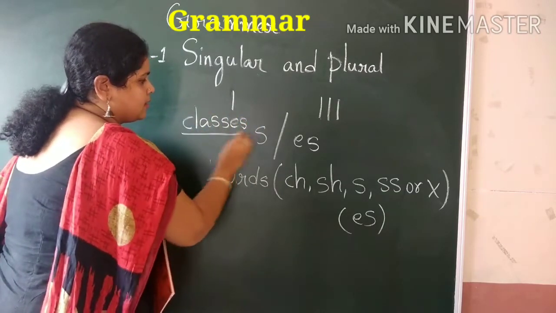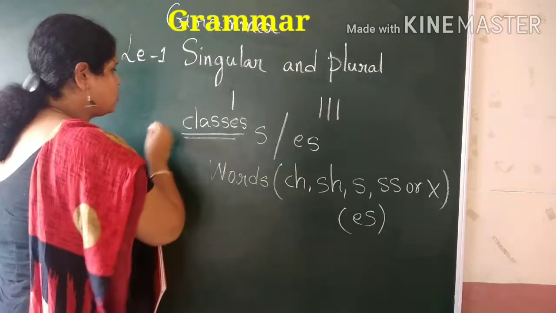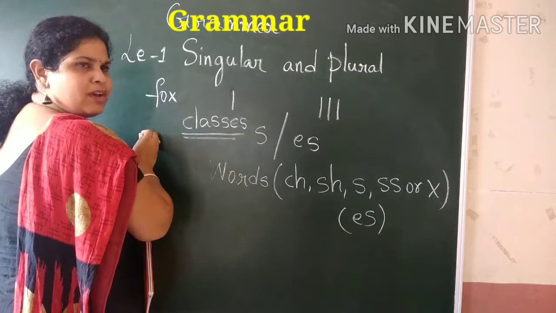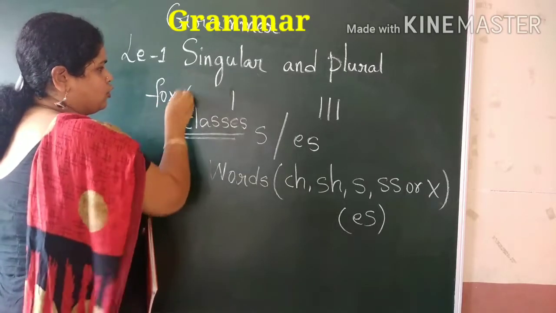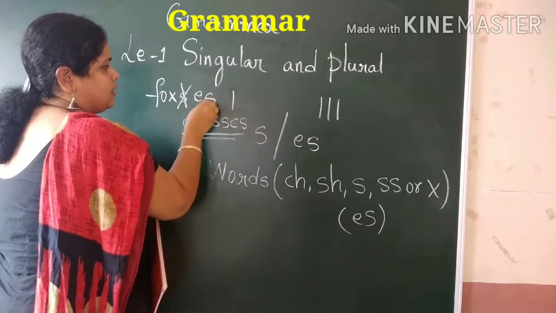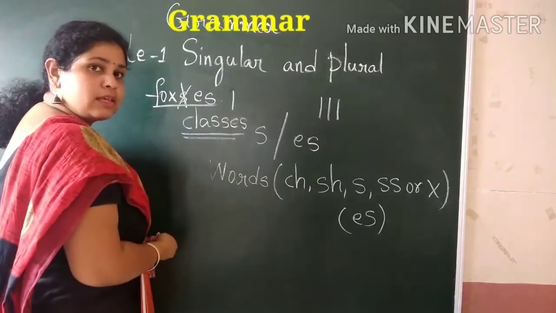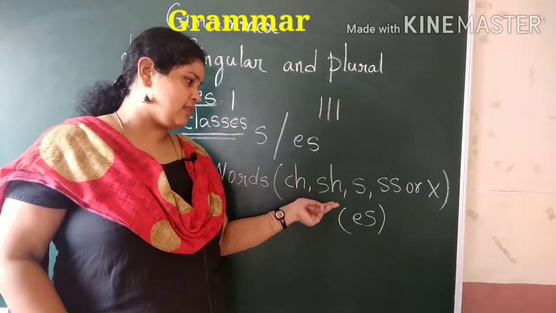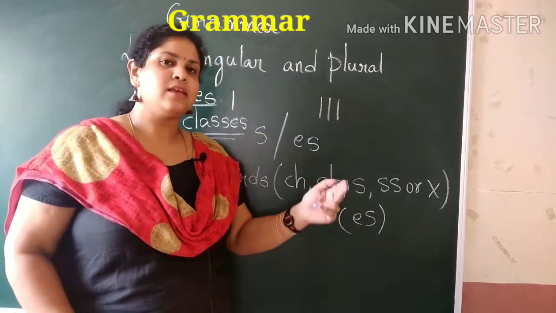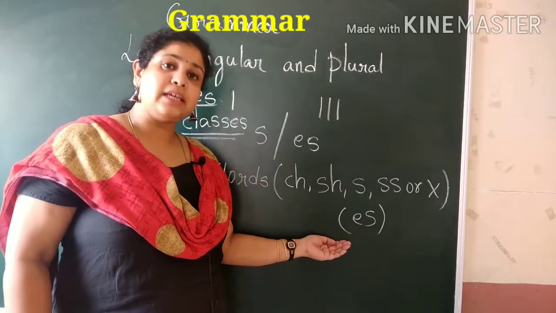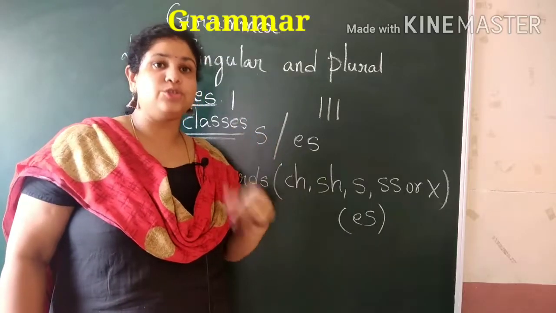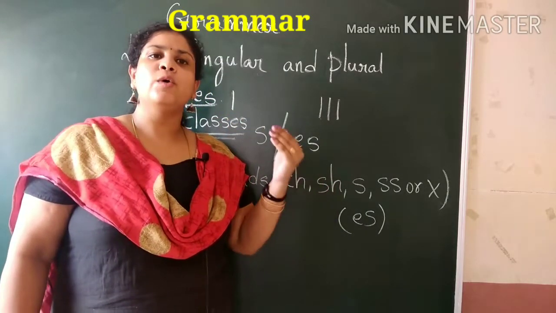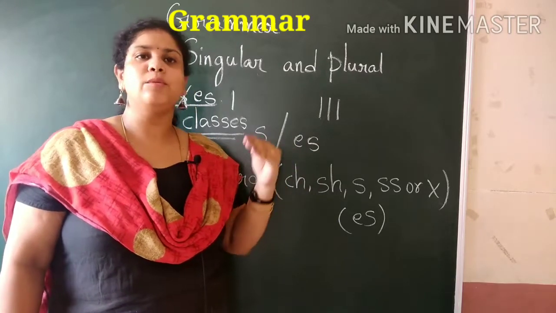ES. Classes. See. Fox. You will add S? No. You will add ES. Foxes. Like these, the words which are ending with CH, SH, S, SS, X, we will be adding the letters ES to make the one into many. Sometimes we will be adding only S for normal nouns to make them into plural.